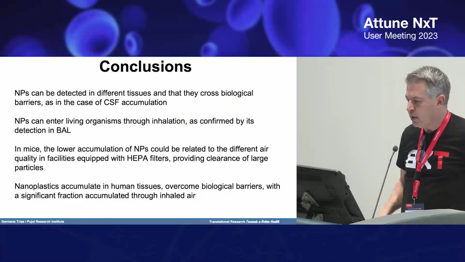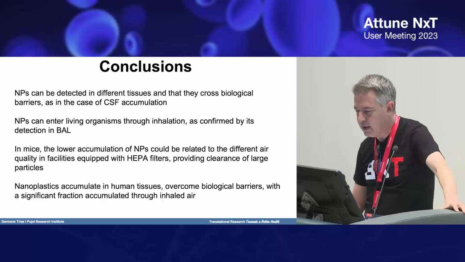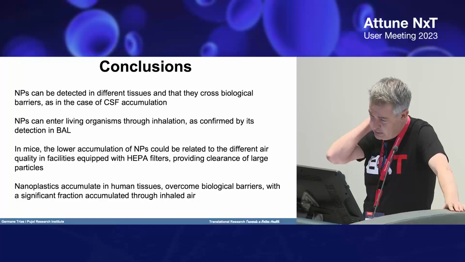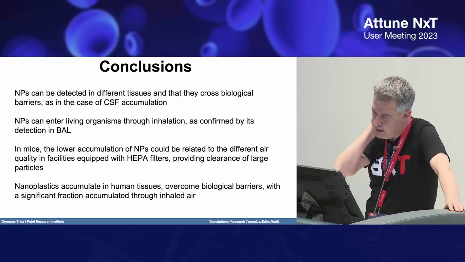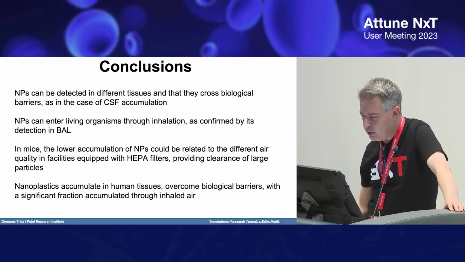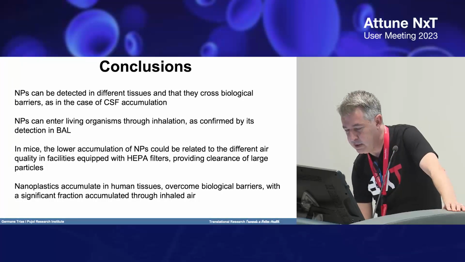In conclusion, I would like to highlight that these nanoplastics can be detected in different tissues, and this is a really important message: they can cross biological barriers, such as in the case of brain accumulation, and can enter living organisms through inhalation, as confirmed by their detection in bronchoalveolar lavages and in mice.